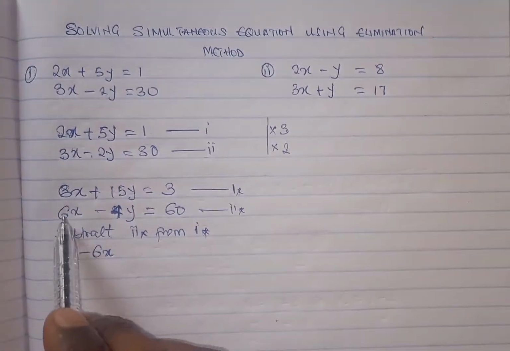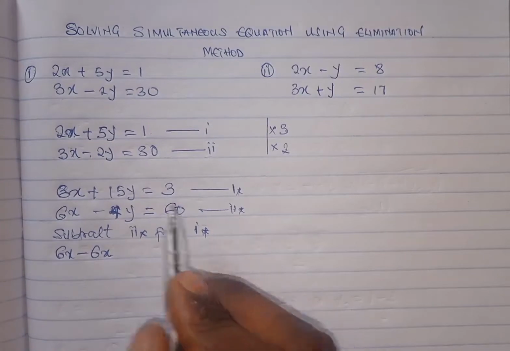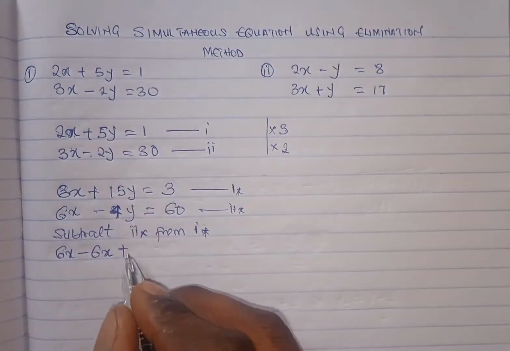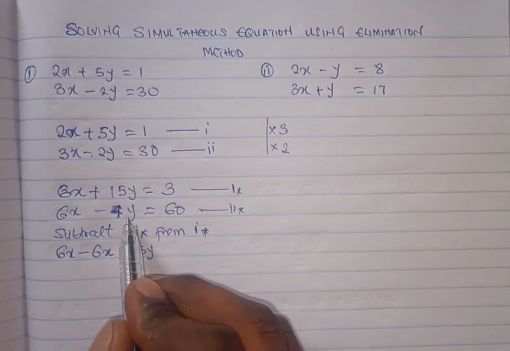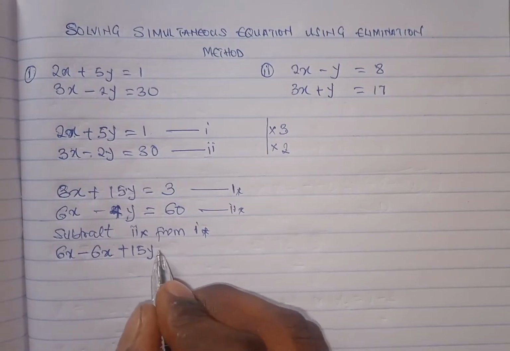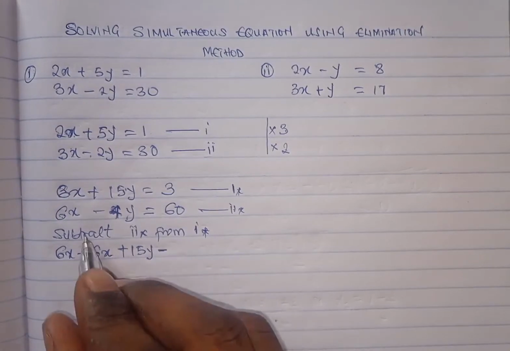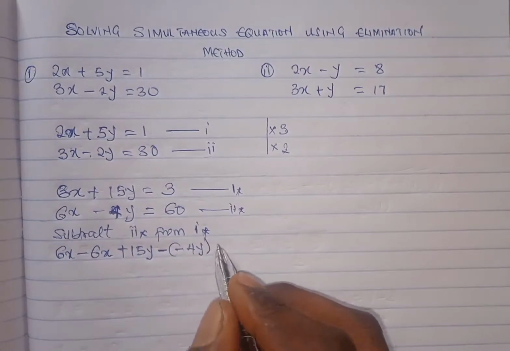So 6x minus 6x. Then since you are subtracting this one from this one, it's going to be plus 15y, because you are subtracting equation 2 asterisk from equation 1, then minus minus 4y, please. Very important.